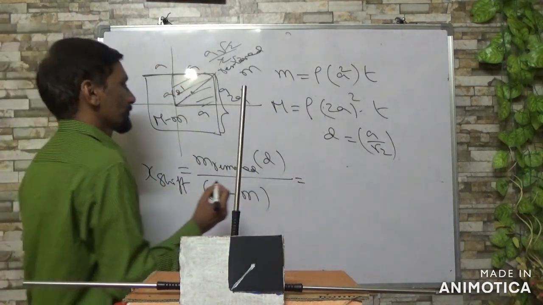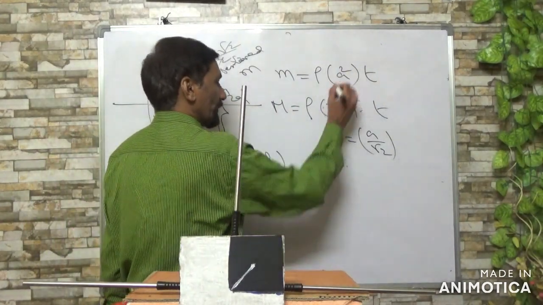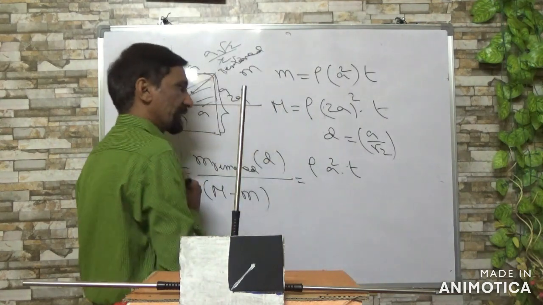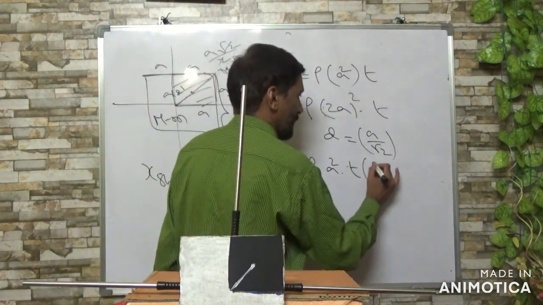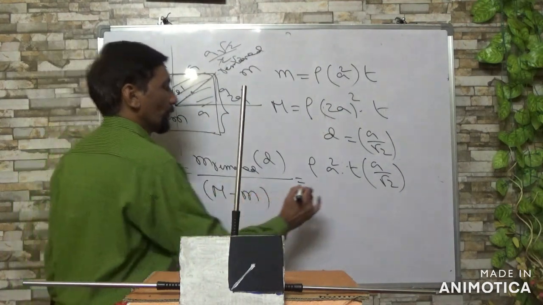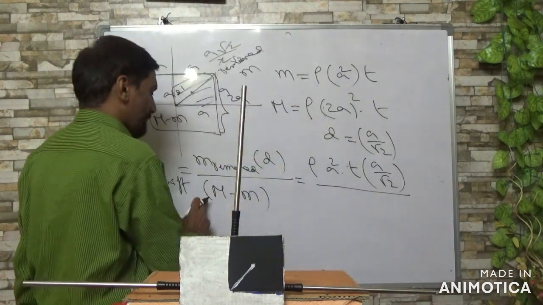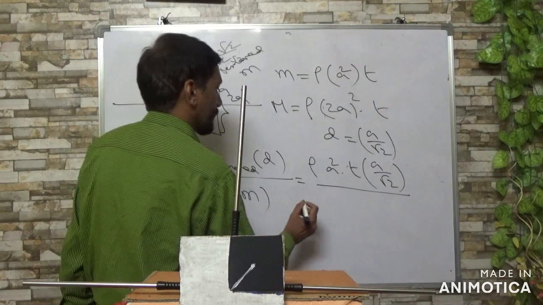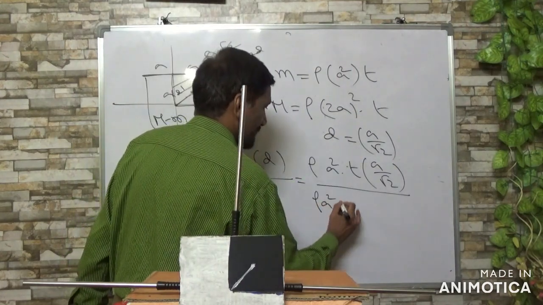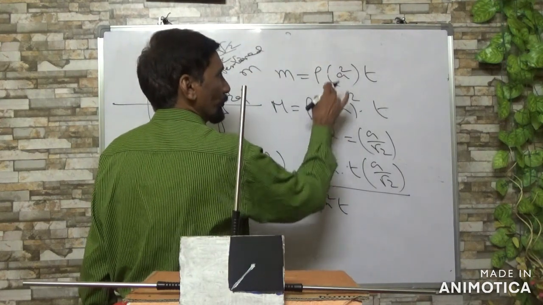So rho a square into thickness t, and distance a by root 2, by M minus m. So rho a square t is common in these two terms.